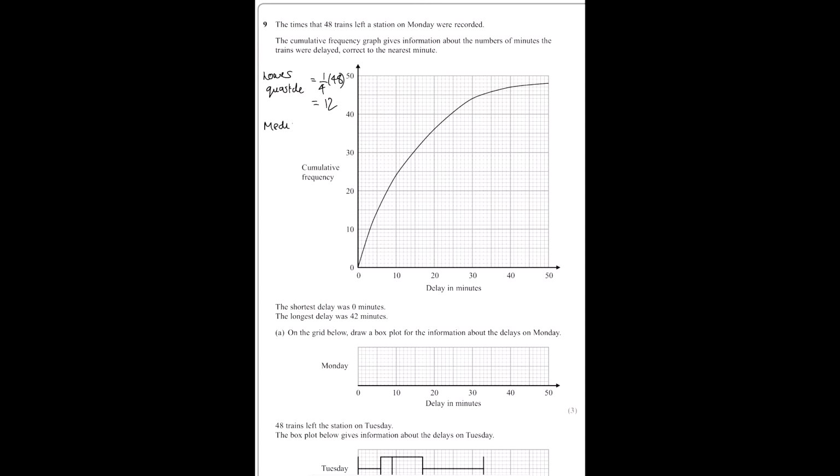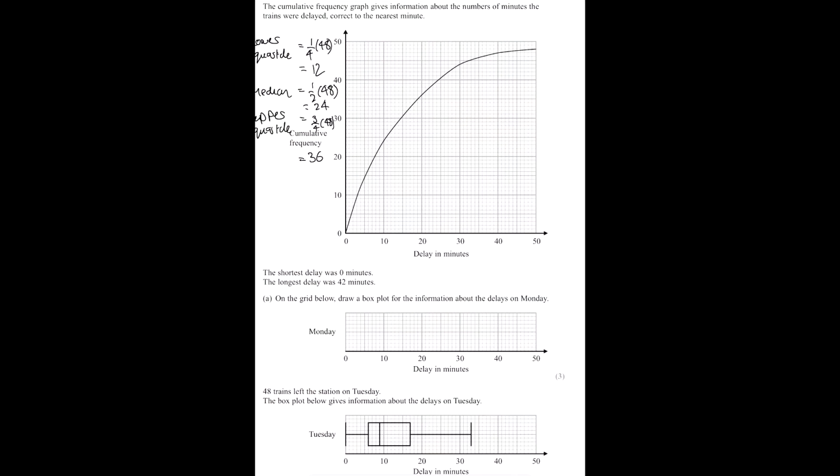The median would be halfway, a half of 48, which is 24. And the upper quartile would be 3/4 of 48, which would be 36.